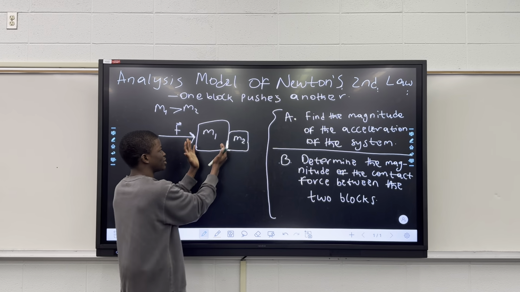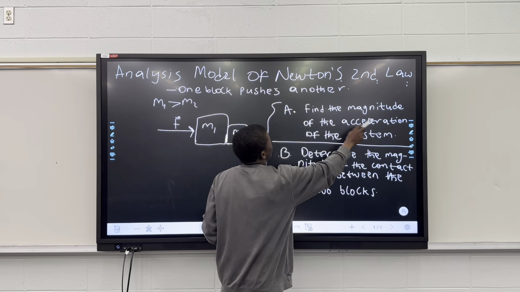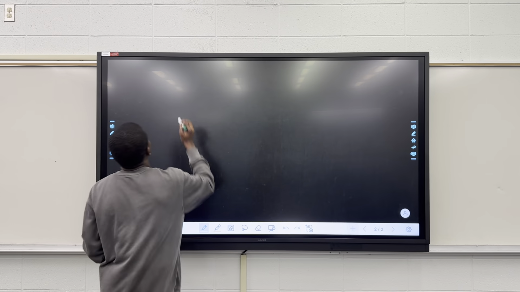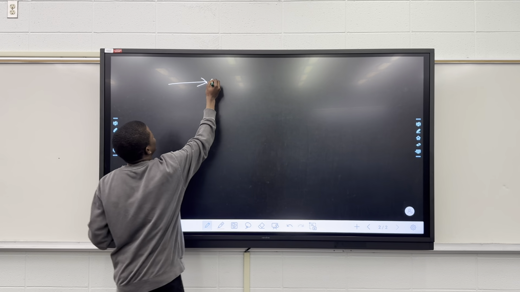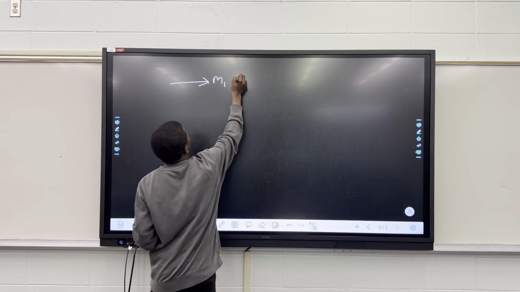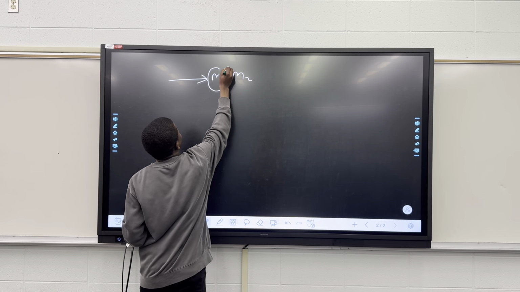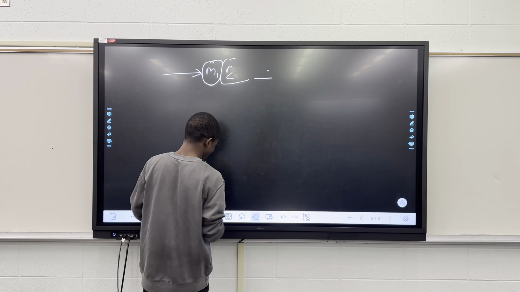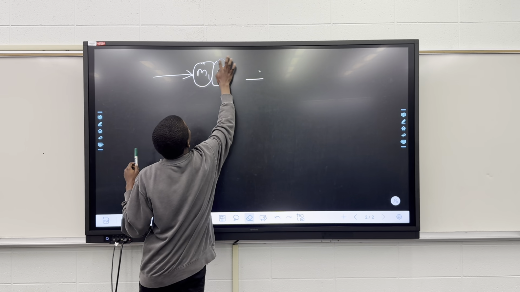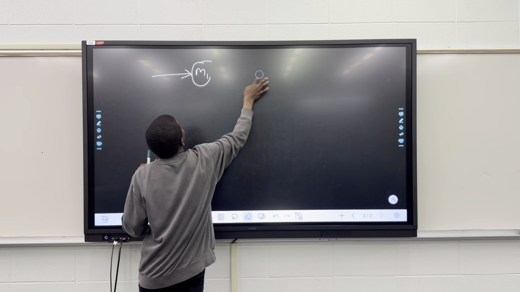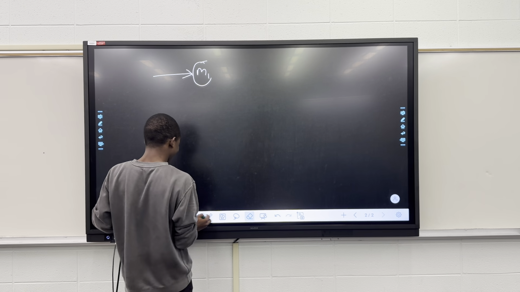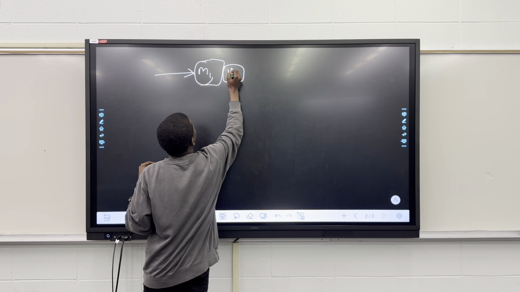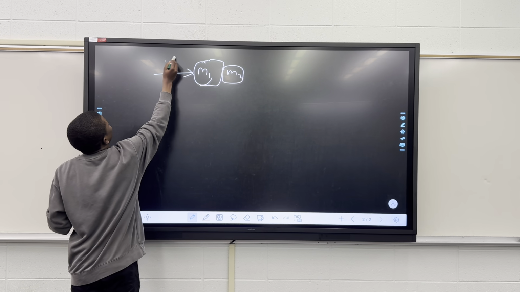The first question is A: find the magnitude of the acceleration of the system. So I'm just going to add a new page and write this. M2 has to be smaller than M1, and this is our force acting on M1.